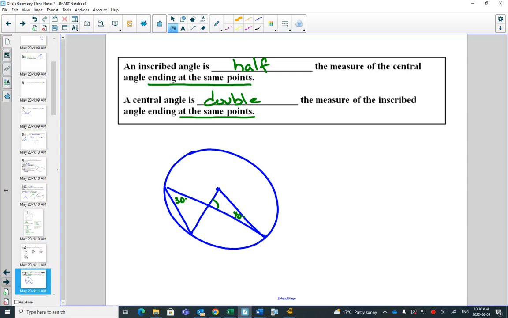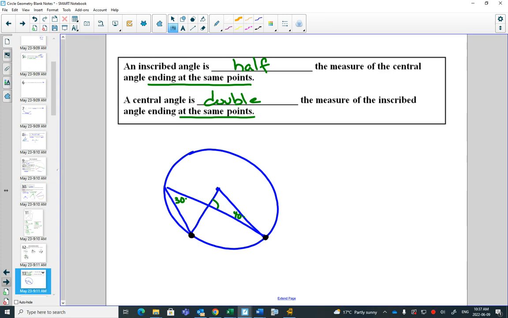And you can't get it right away. If you're trying to just get the answer right away, you will not be able to get it. Instead, in circle questions, you have to say, what could I figure out? Do you see that you have an inscribed angle here with 30 degrees? It has these as its endpoints. Do you see that you have a central angle with those two endpoints?